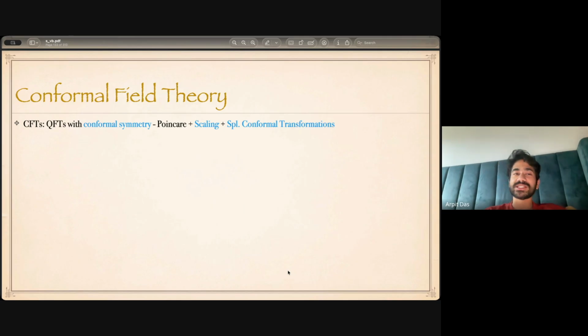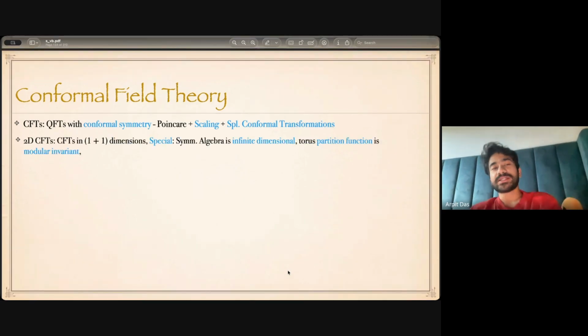Physically, all it means is that your theory will be invariant under those coordinate transformations that preserve the angle between intersecting curves. Just like scaling: if you scale up or scale down, the angles remain the same, then that will be called a conformally invariant theory or a conformal field theory. So it's an extra symmetry group on top of Poincare symmetry.